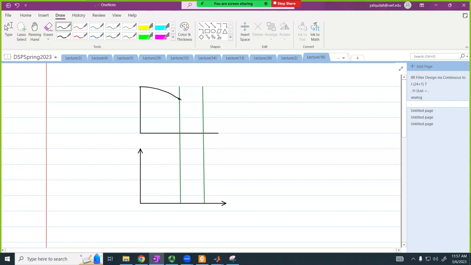It decreases, and it goes down. We have the pass band and our stop band. This is our omega cutoff and omega stop.